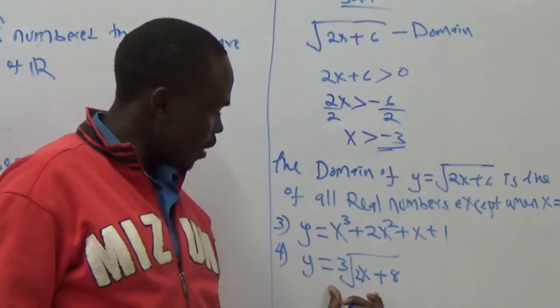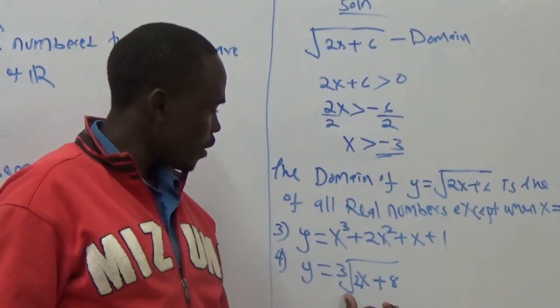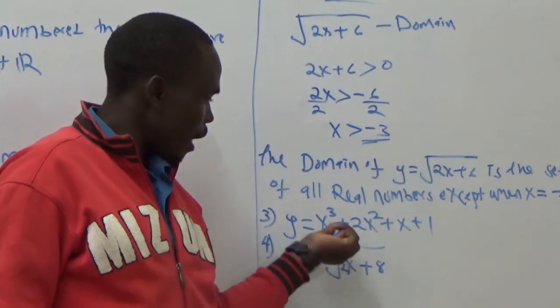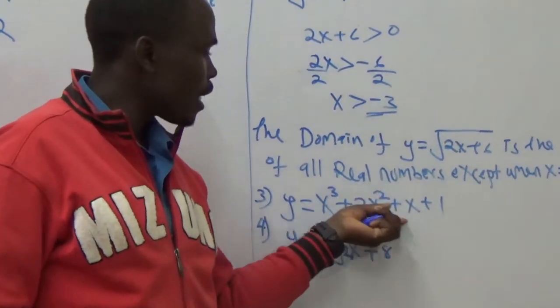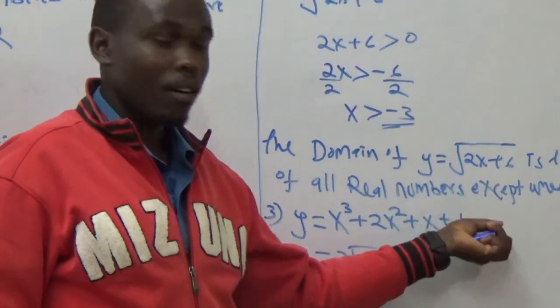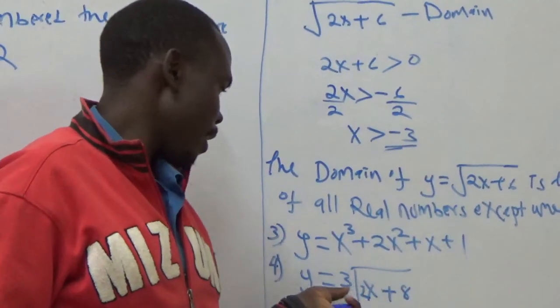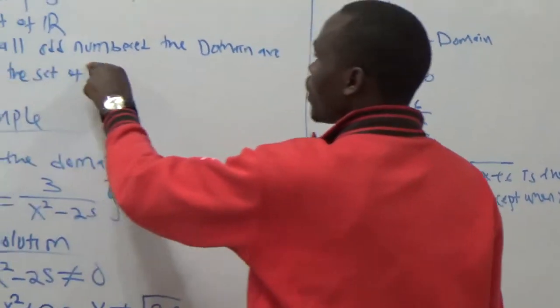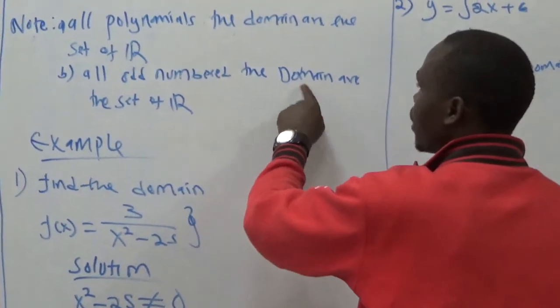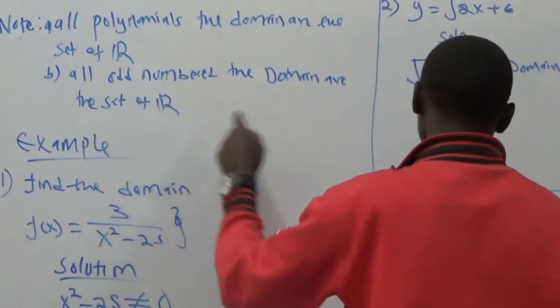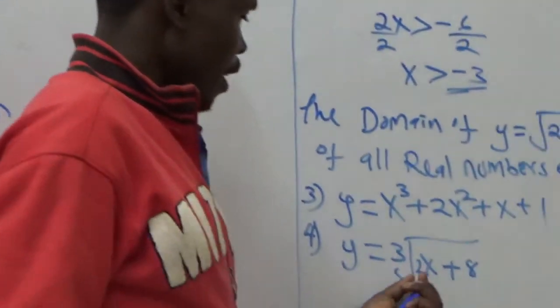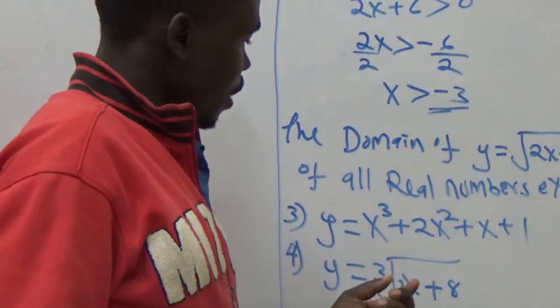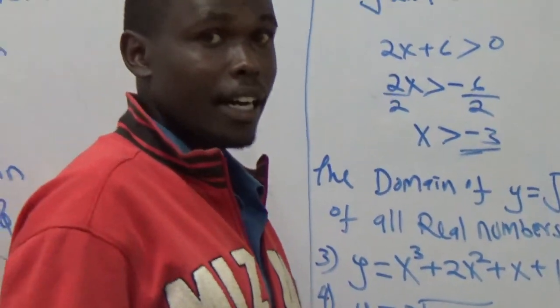The third one is a polynomial, meaning the domain is the set of all real numbers. The fourth one is an odd root, and for odd roots the domain is the set of all real numbers.